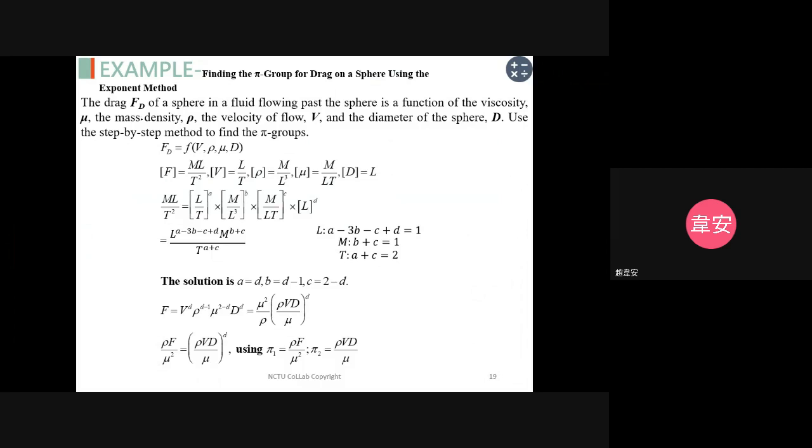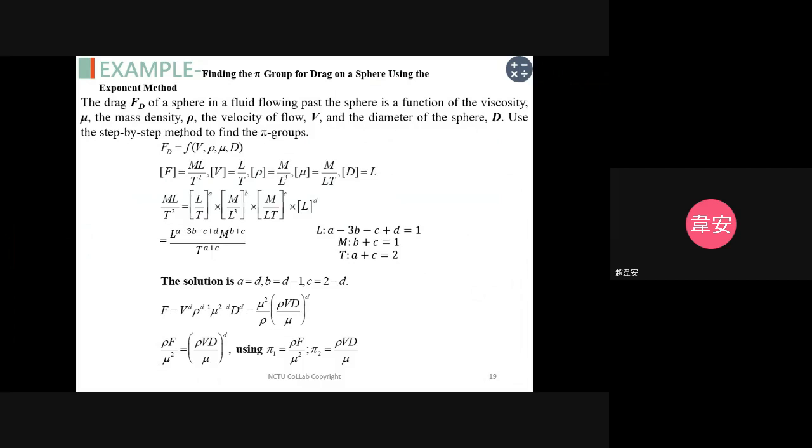So again, the problem is that the drag force Fd of a sphere in a fluid is a function of the viscosity mu, the mass density rho, the velocity of flow v, and the diameter of the sphere d.